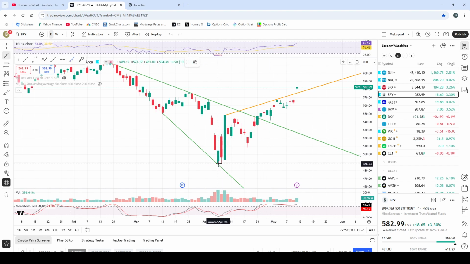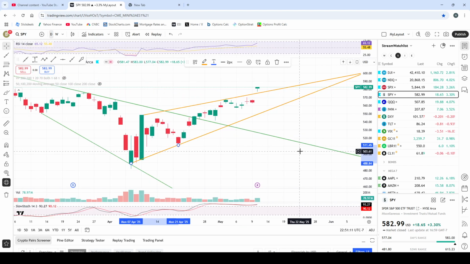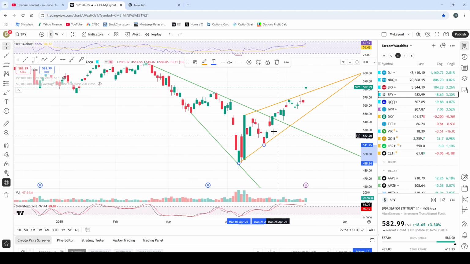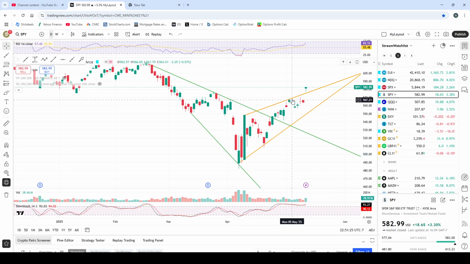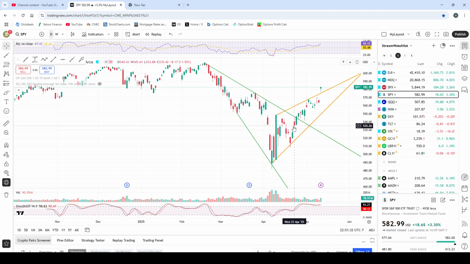I'm going to draw the bottom of the channel from one low to another low. Okay. So you can see this is the high, this is higher high, this is low, and this is higher low. And you can say this is a high low, but we still don't know yet. We have to wait until it's done a wave.